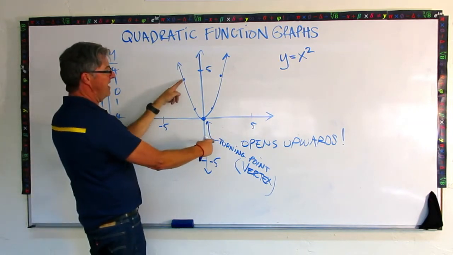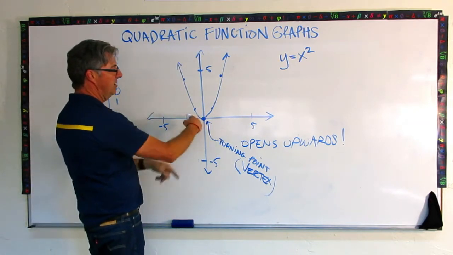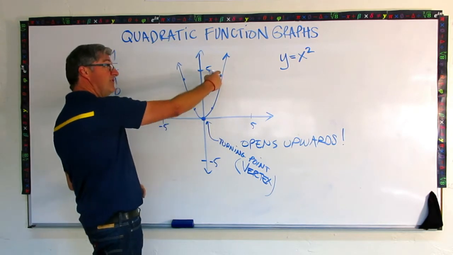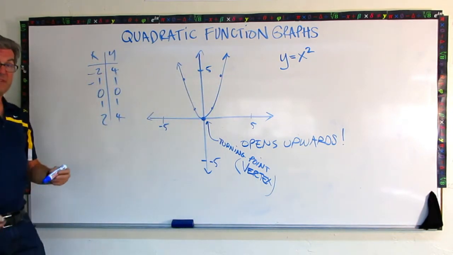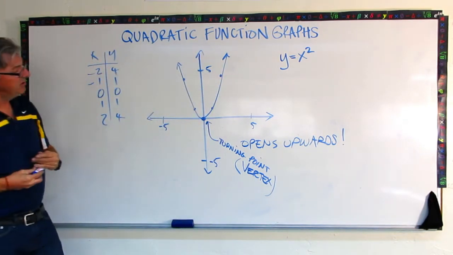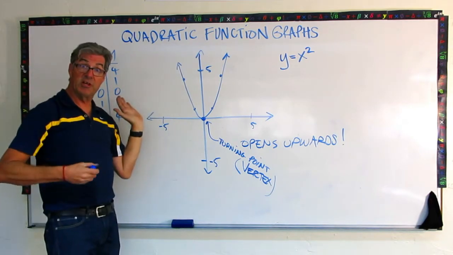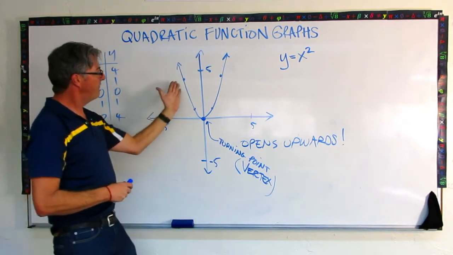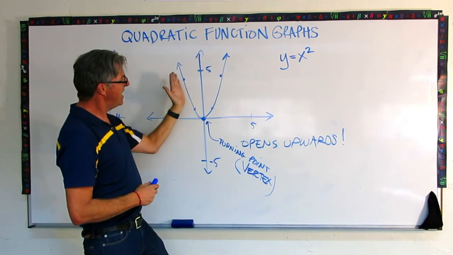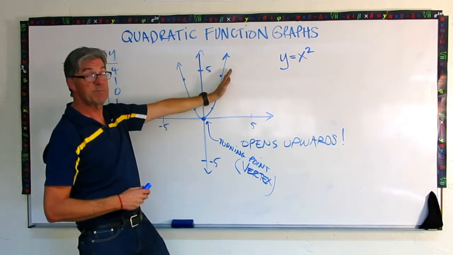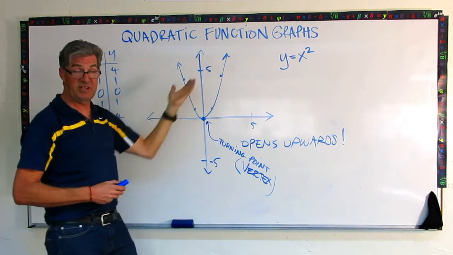That's -2 for x, +4, +2 for x, +4 for y. So that's what that means. They're symmetrical around the y-axis. The other way to look at that is that you could reflect this side across the y-axis and it would match perfectly with the side that's on the other side.